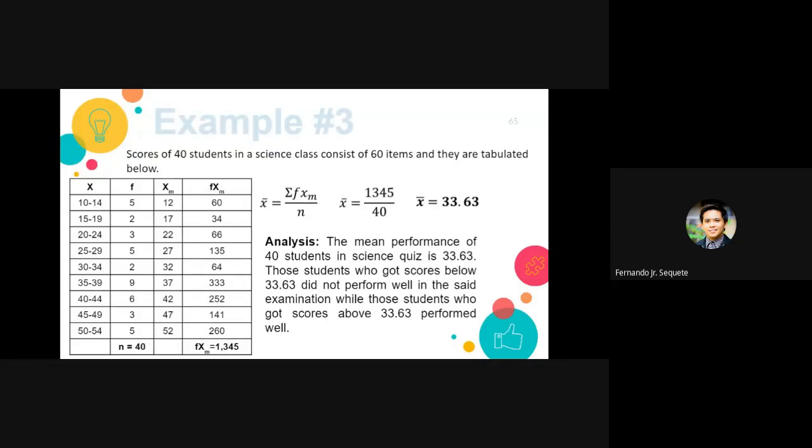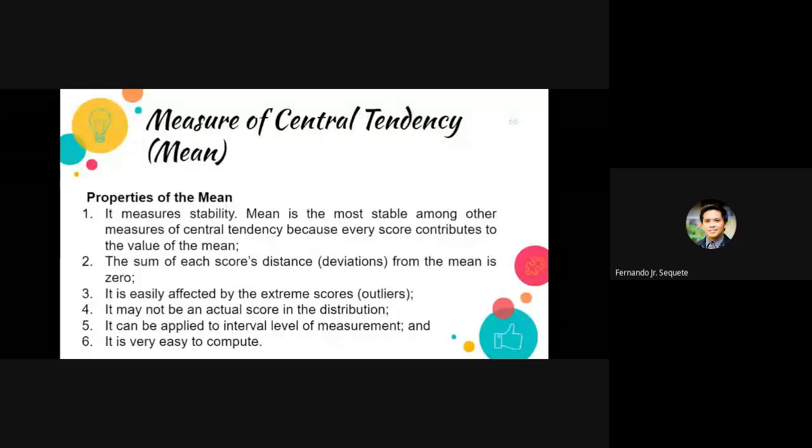According to the property, it may not be an actual score in the distribution. It can be applied to the interval level of measurement, please take note of that, and it is very easy to compute.